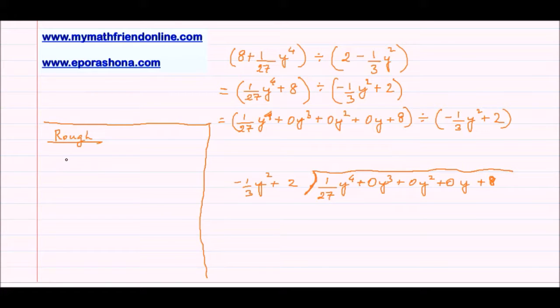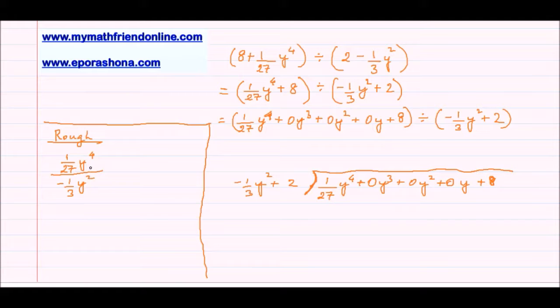So we have to divide 1 by 27 y to the power of 4 divided by minus 1 by 3 y square. So these two are monomials.